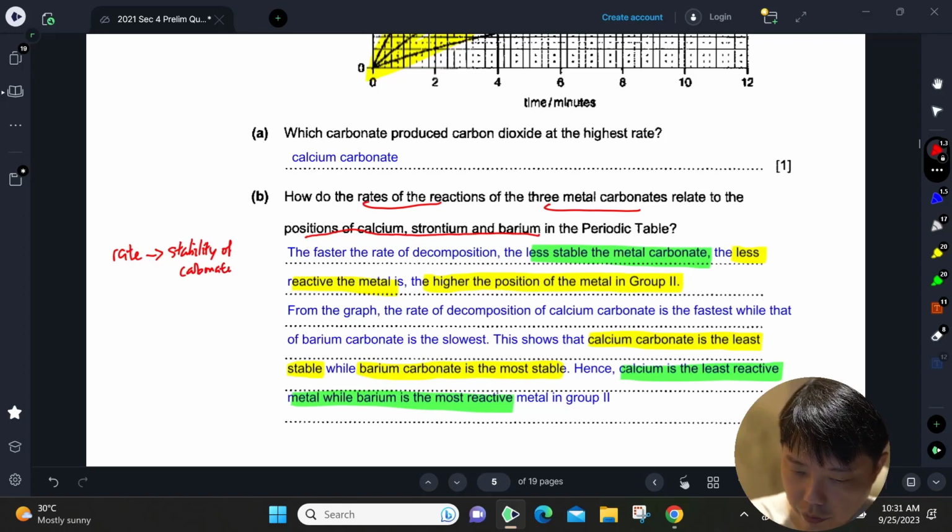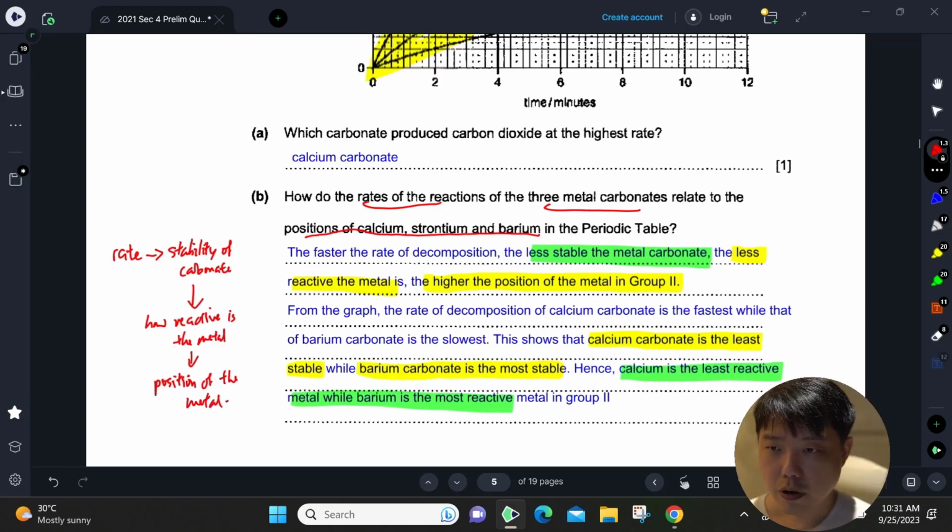The stability of carbonate tells you how reactive the metal is, which will tell you the position of the metal. Okay, so you've got to have this rough train of thought running through your head.